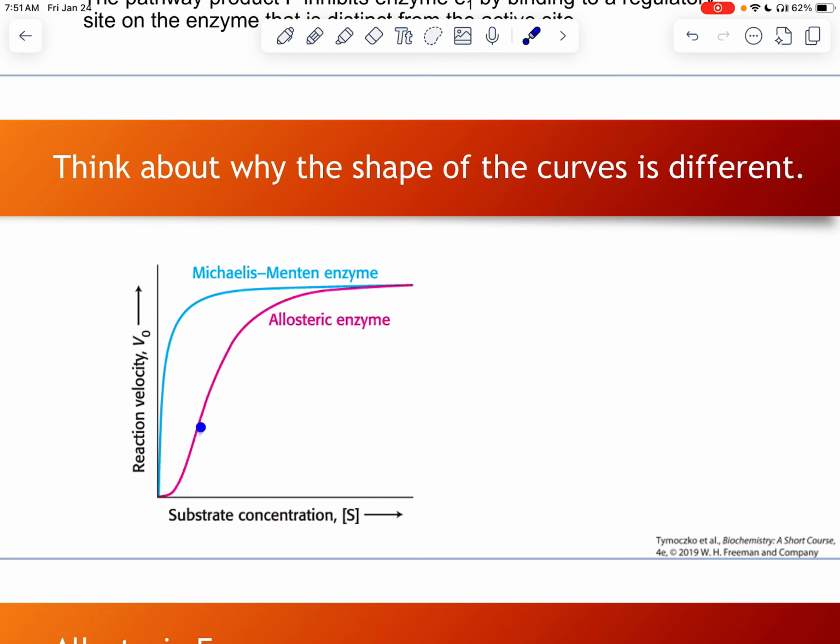But the shape of the allosteric enzyme tells us something else is going on. There are many mechanisms to control these allosteric enzymes. They can be controlled by their own substrates, or by another molecule, like in that previous example where that product F came back and controlled it.